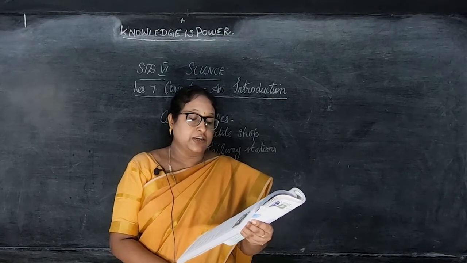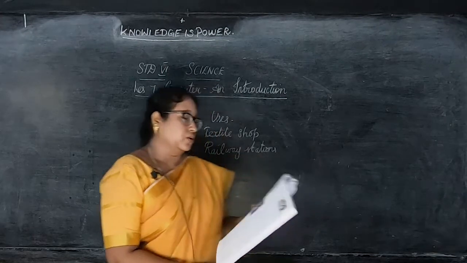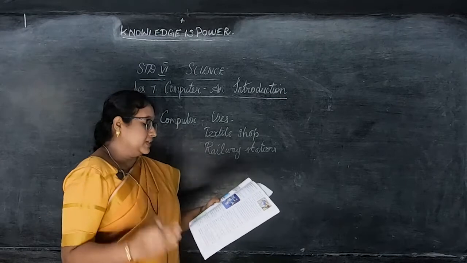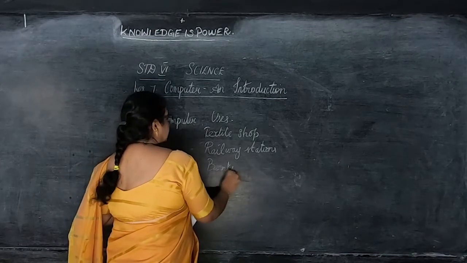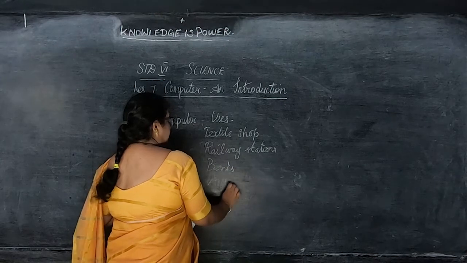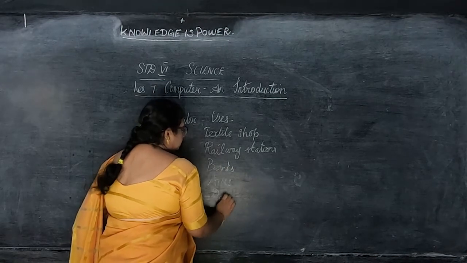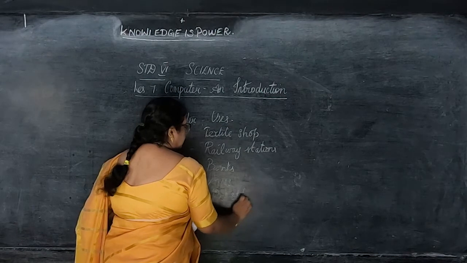It is used even in our local post offices also, not only in textile shops and railway stations. So where all can we see it? In banks, ATMs, and even in the post offices they use computers.